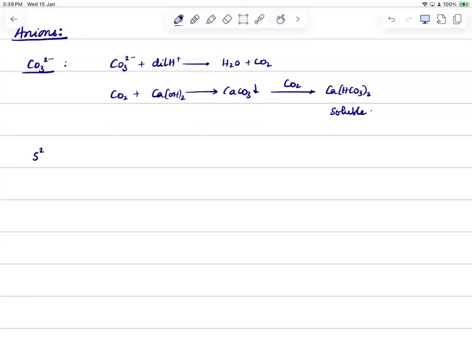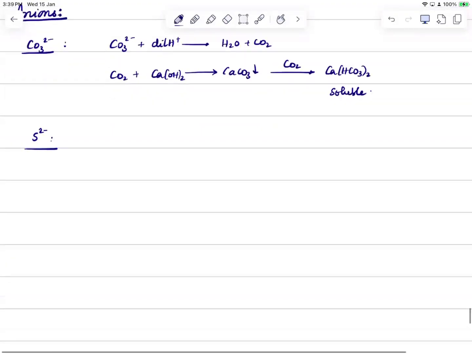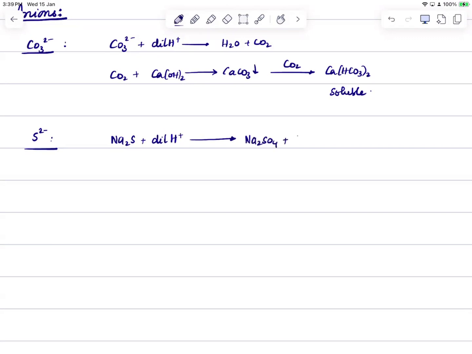Next, sulfide, S2-. For S2-, if you have a salt like Na2S, you add dilute H+. Dilute H+ could be H2SO4 or HCl. NCERT has given H2SO4, so use that as H2SO4 only. Then we will get Na2SO4 plus H2S.